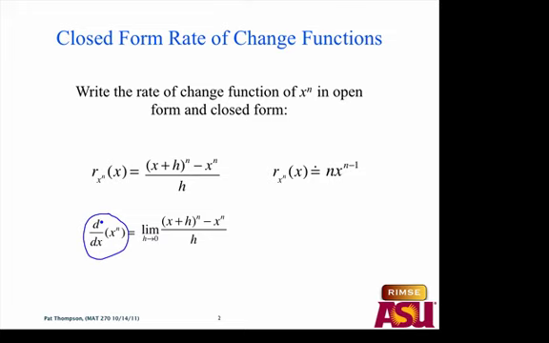Right there, Jessica. The rate of change for the function with respect to x. Okay, and so we know what function that is, right? The rate of change of what function? Yeah, exactly. So this is the rate of change of x to the n with respect to x.